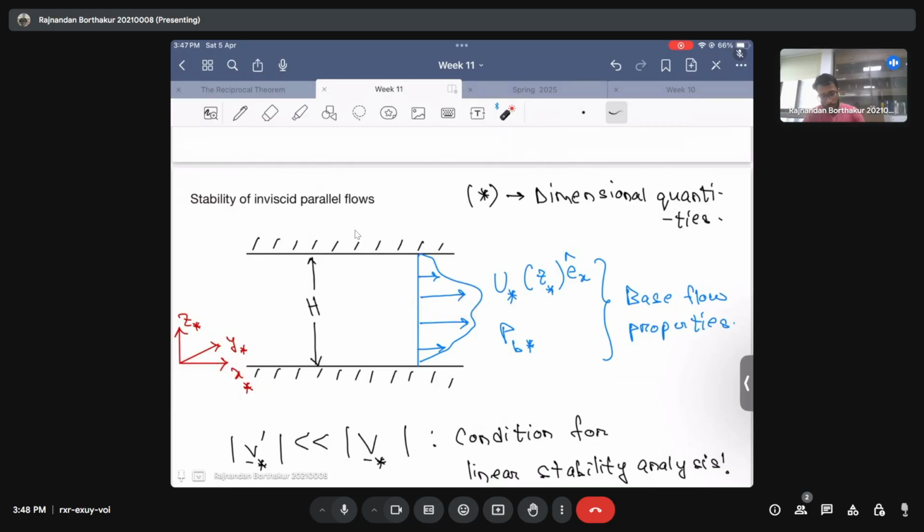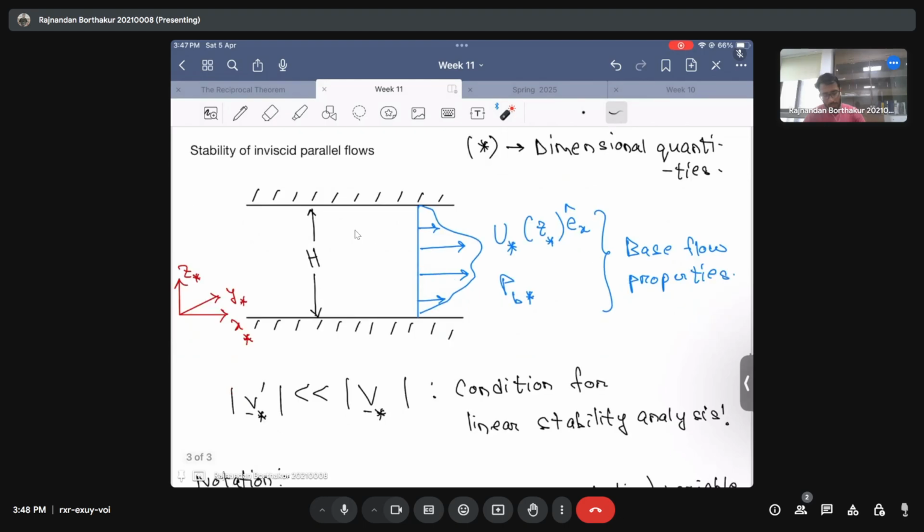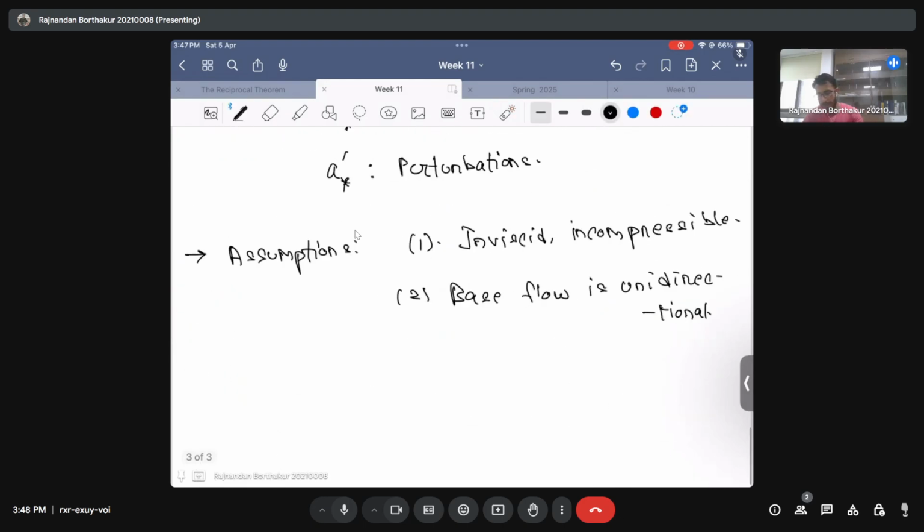Although the base flow varies along the z axis, its direction is only in the x direction, so it is unidirectional. And the third assumption is that your base flow is steady. So these are the three assumptions that we will consider.